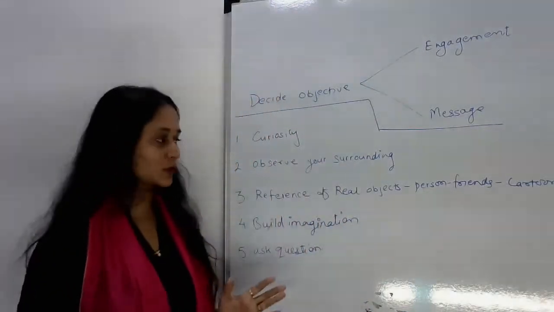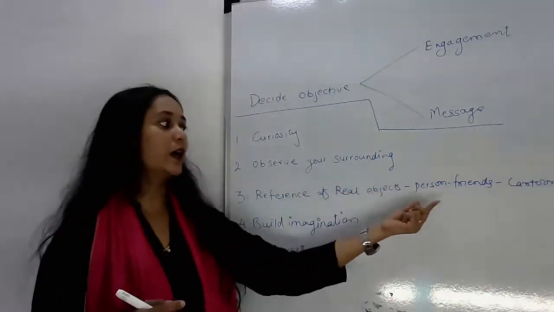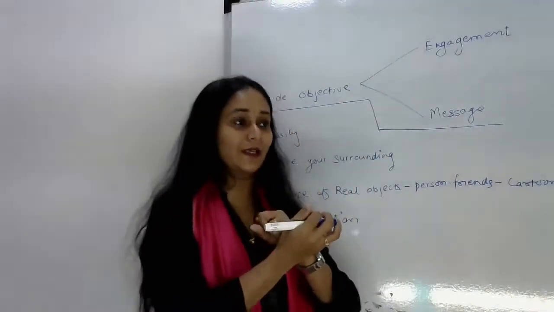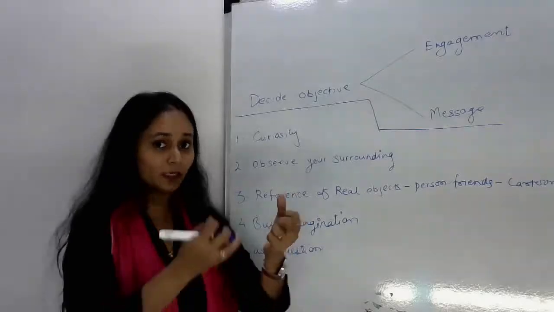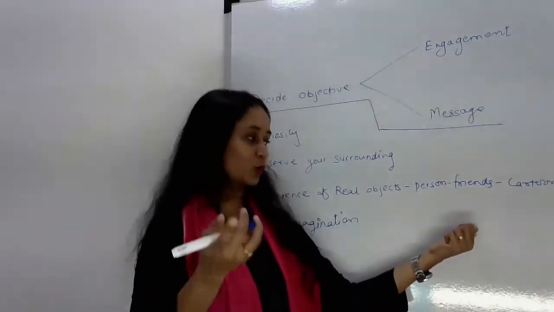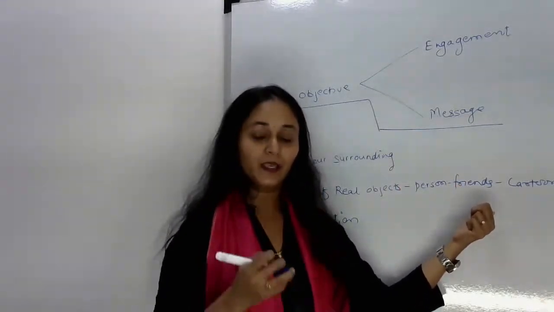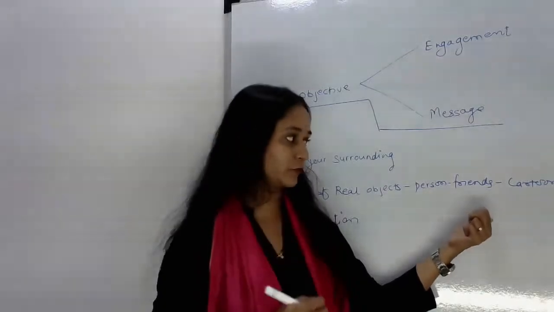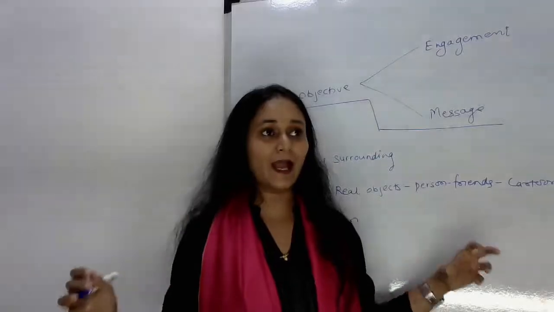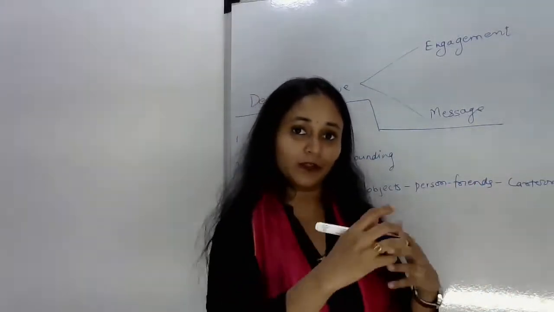So observe your surroundings, and take reference of a real object, person, friend or cartoon. You have to engage their senses, and for that, observe your surroundings and pick up one object. Then when you build your story, you can take reference of their friends, involve their friends, use the names of their friends or their favorite cartoon, or anything which is in connection with them.